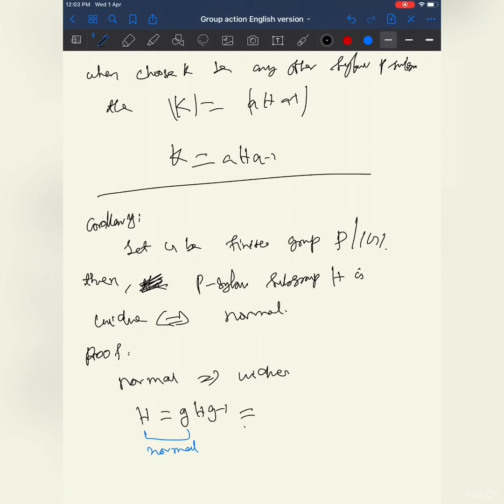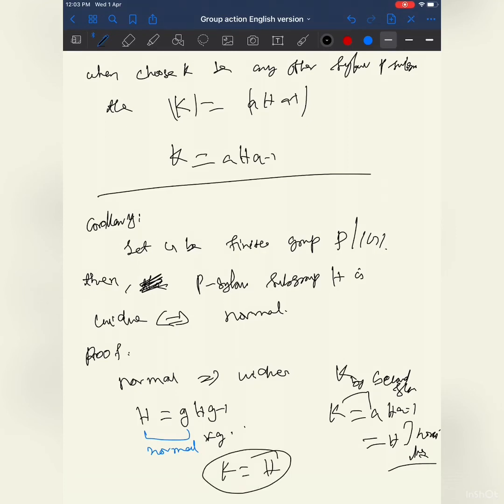So if I have another K that is related by some AHA inverse for every g, but that is equal to H, right? This is by second Sylow and this is by normality. That's all. So K equals H.